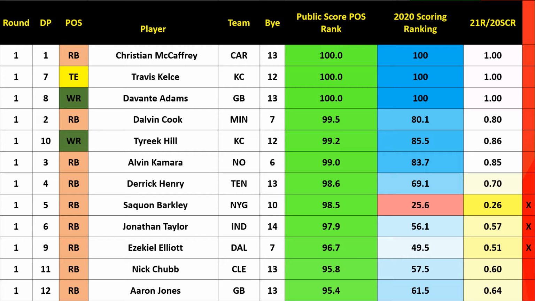I mark issues as far as what is concerning to me, with the X in the last lane here, and notice we have some ratios that are quite low.